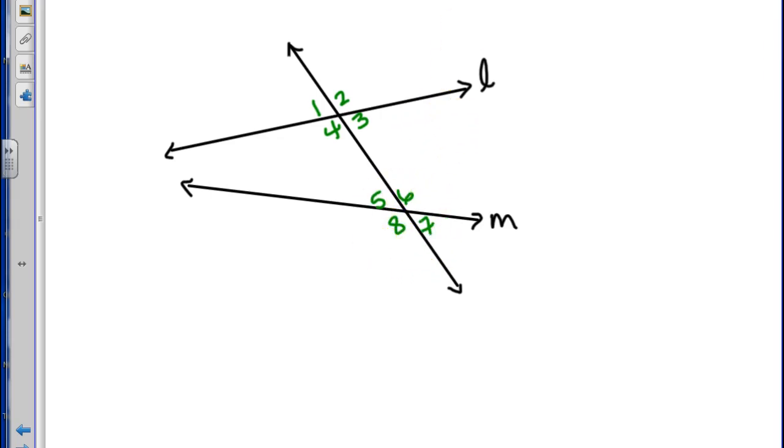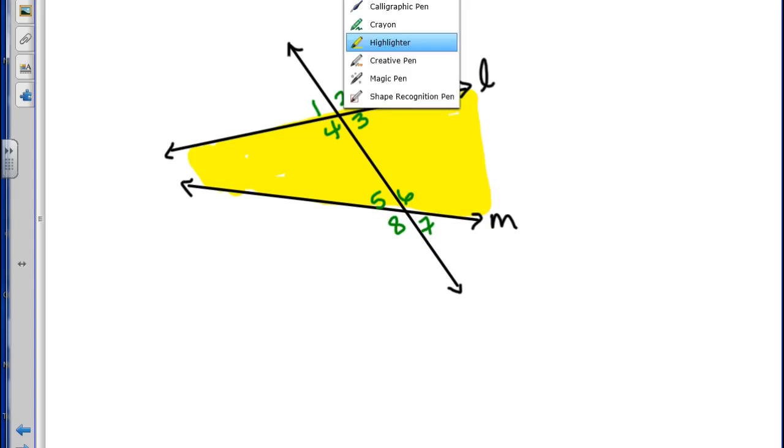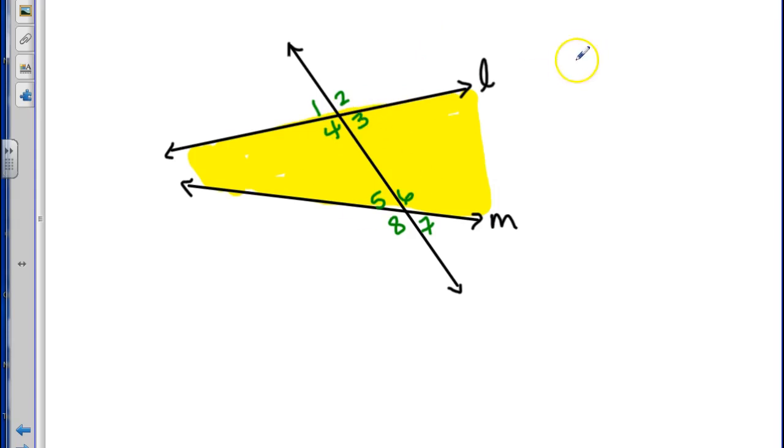It also separates into some sections, like inside the two lines here. So all of those angles, 4, 3, 5, 6 are on the interior or inside of L and M, and 1, 2, 8, and 7 are on the exterior of L and M. So we have interior angles: on the interior, we have angles 4, 3, 5, and 6.